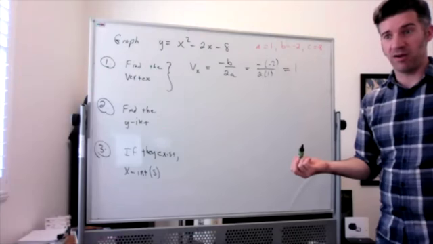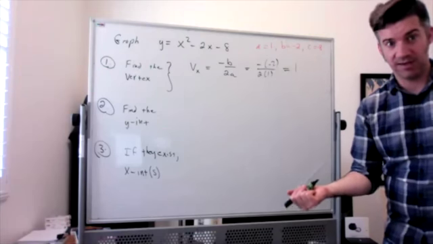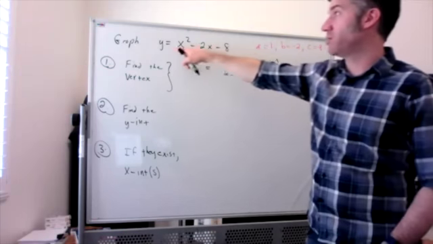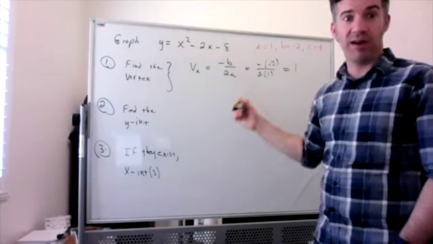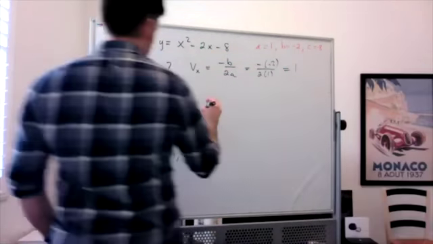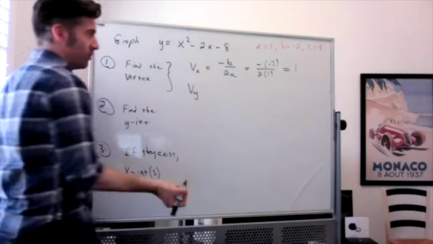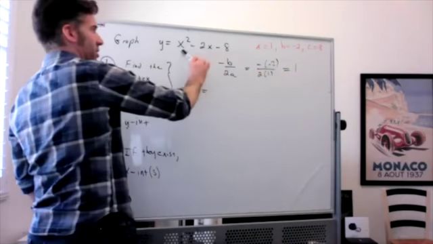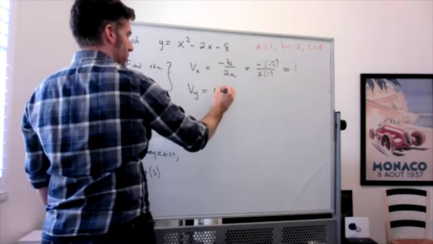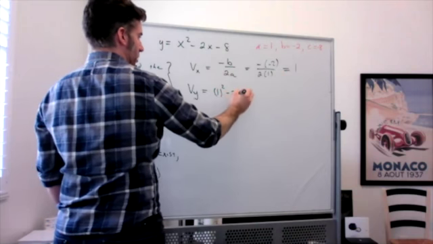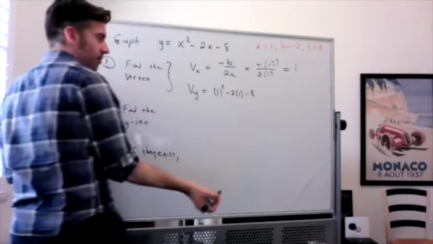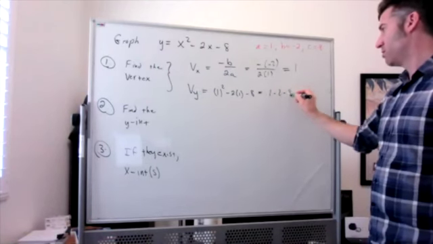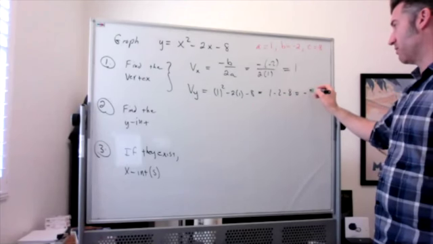Now, something to remember: that's only half the vertex. That's the x coordinate, and I need the x and y coordinates. So I'm going to plug that 1 into my parabola equation to figure out the y coordinate. So v sub y, the y coordinate of the vertex, is 1 squared minus 2 times 1 minus 8, which is 1 minus 2 minus 8, which is negative 1 minus 8, which is negative 9.